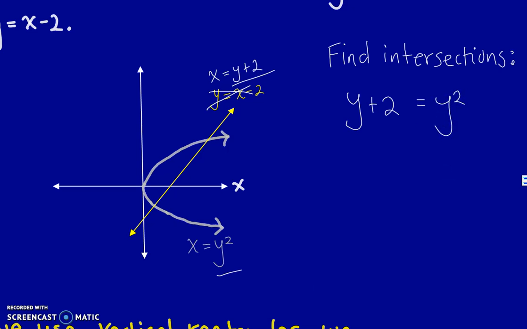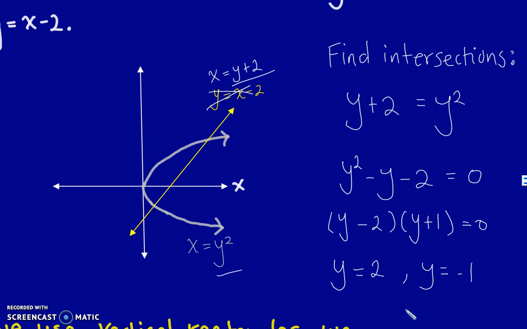Go ahead and pause the video and do that now. And if you set up the quadratic function in standard form, factored and solved, you would have gone y equals 2 and y equals negative 1. So that tells us that this intersection occurs when y equals 2. This intersection occurs when y equals negative 1.